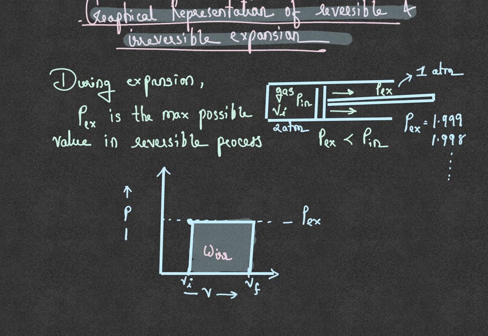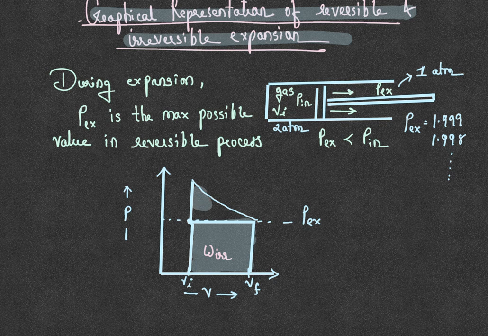Clear? But you know that in a reversible process, you find that the external pressure would be much higher. So let's assume that your external pressure is here. Right? And from here on, as the gas expands from Vi to Vf, the pressure continuously drops.